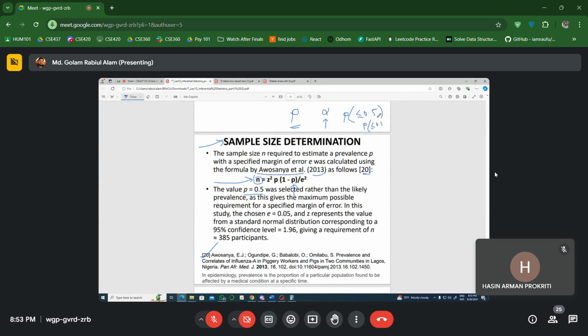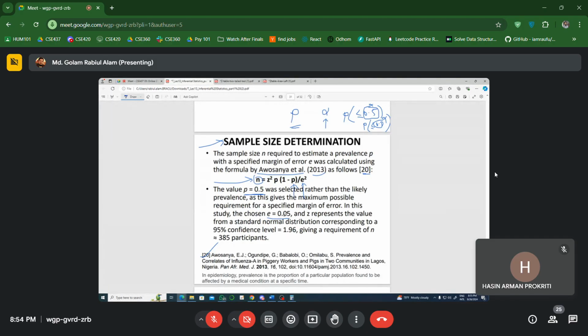This is the p value, and this is called the standard alpha. So if we consider 0.5 as the p value, then we also have to think about the error. There is a plus or minus something, that is our error. So the error is 0.05.